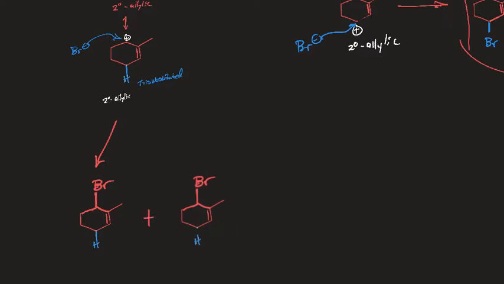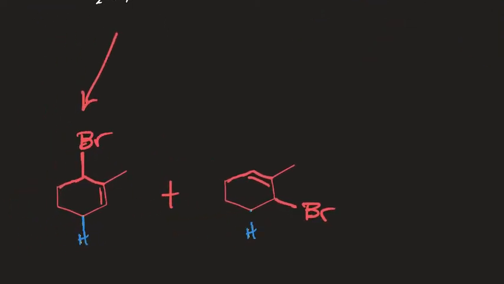Give me a second while I fix the structures here. I think you can see that it doesn't matter, they're the same thing. All right, this blue hydrogen, and these should have been blue, my bad. The bromine, whatever.